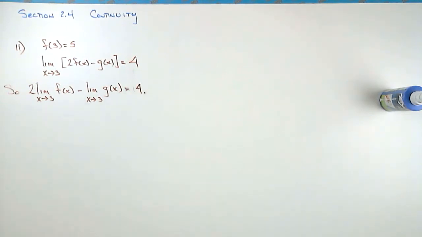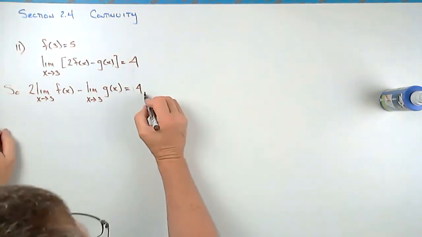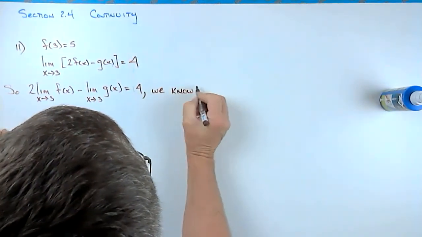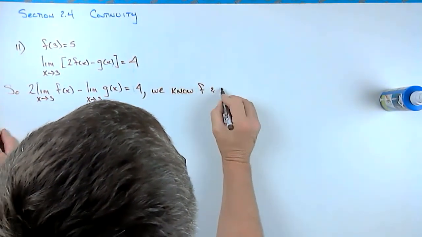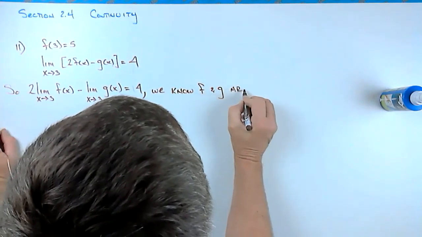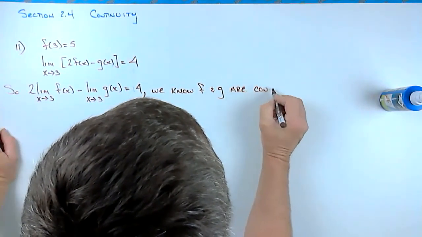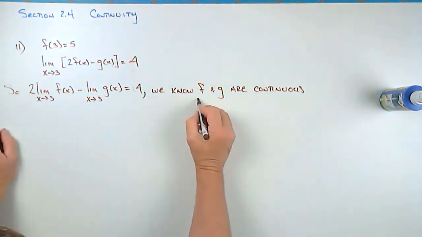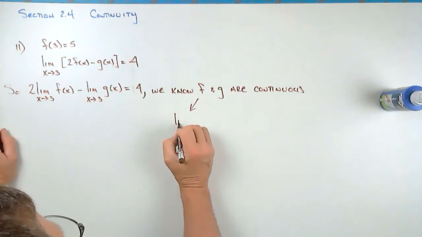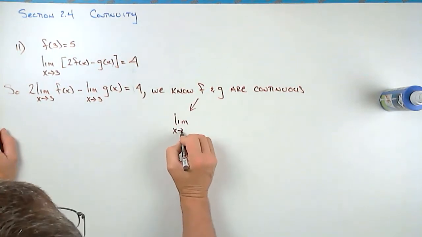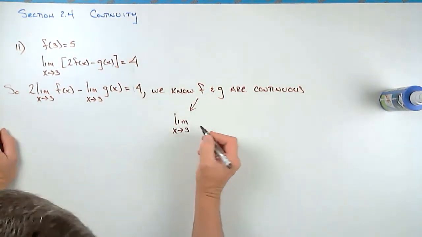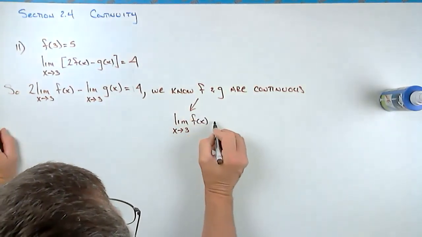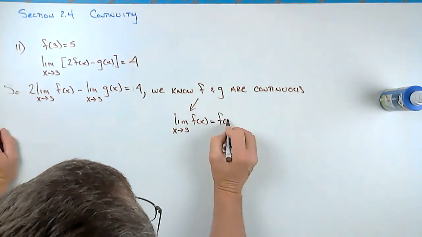But we're given other information. We know f and g are continuous. Now, what does that mean? If f is continuous, that means the limit as x approaches any number, say 3, for example, since that's one they gave us over here, of f of x equals f of 3, right?